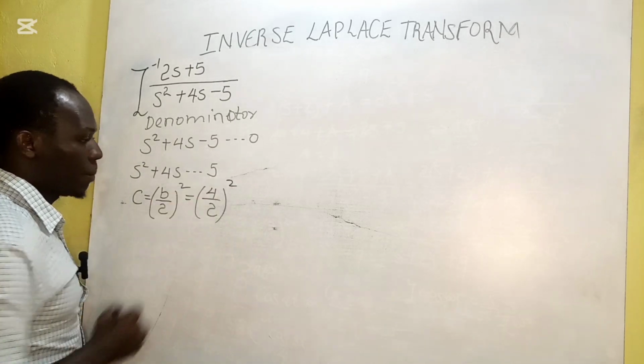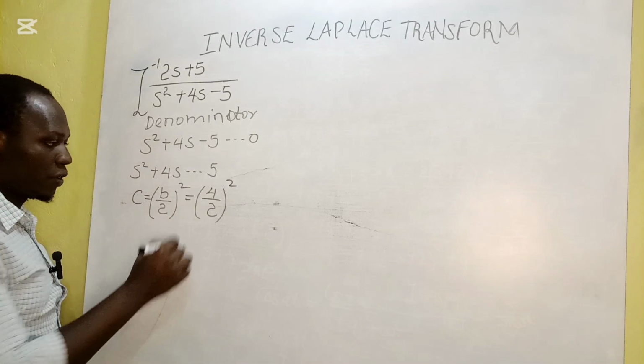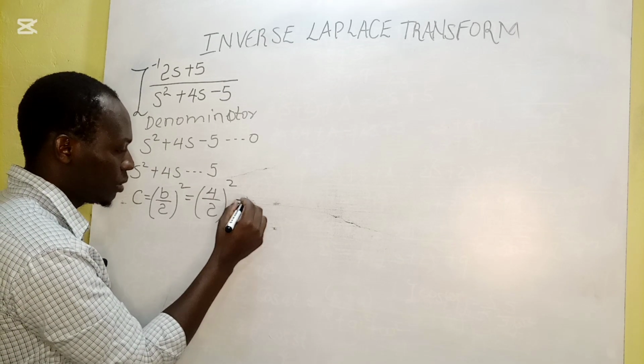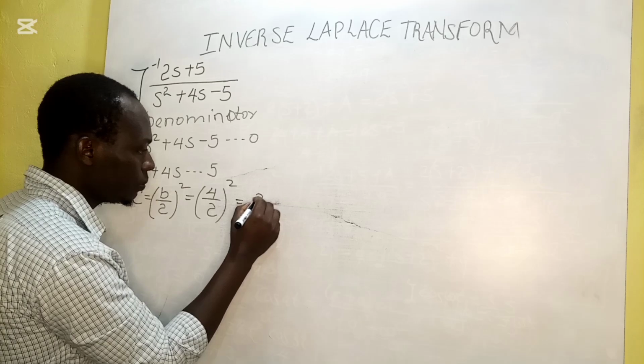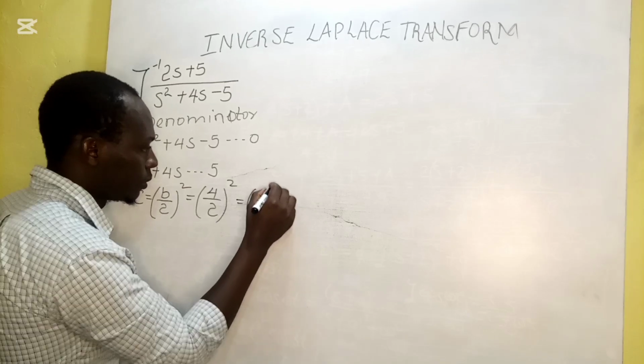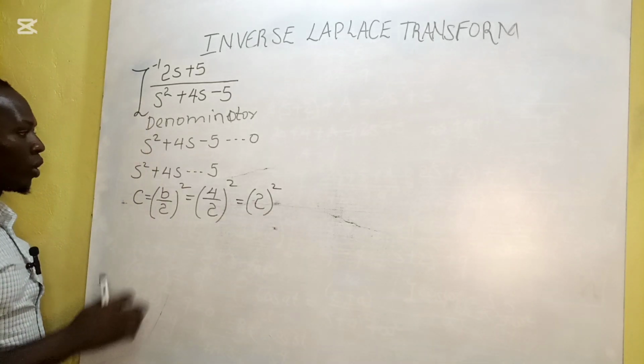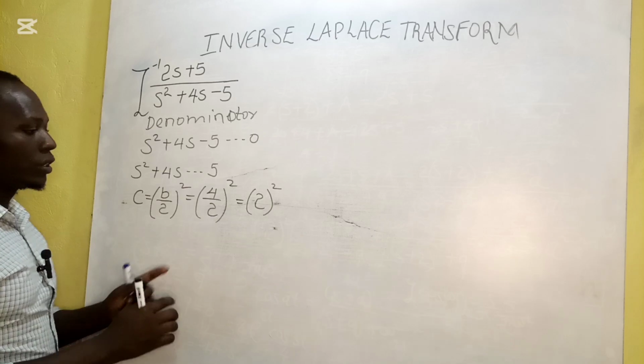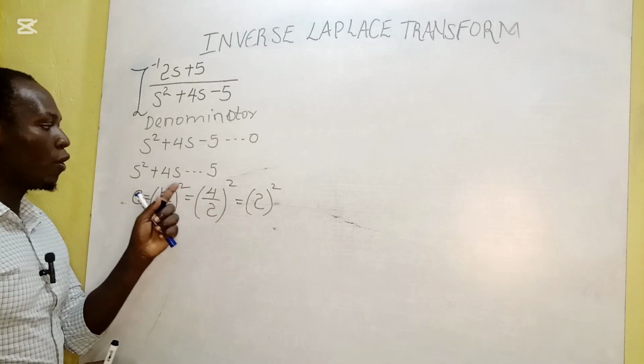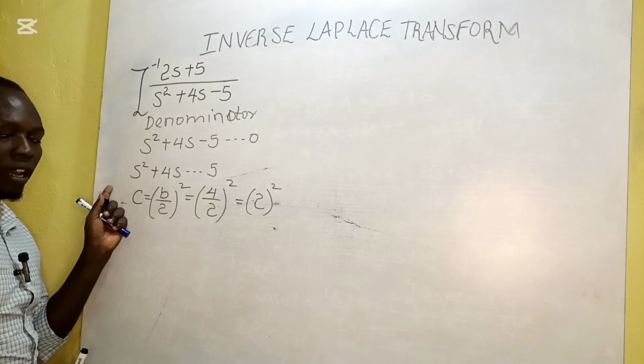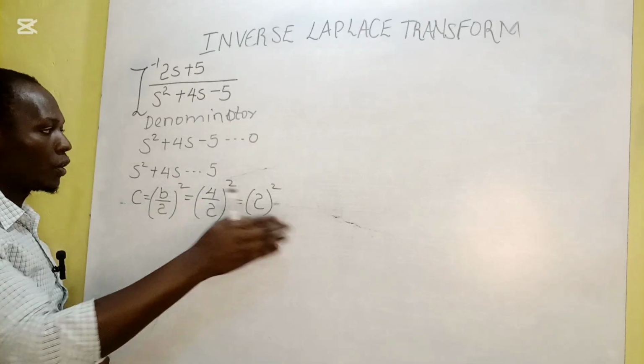And here we square everything from the formula to mean that our c will be equal to 2 squared.